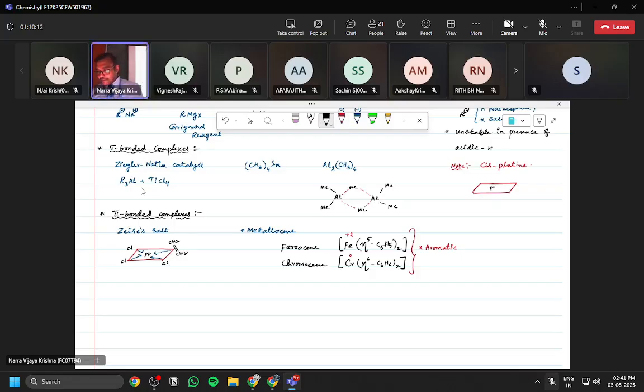I am taking platinum here, chlorine, ammonia. Right? dsp2 hybridized, square planar complex. Anti-cancer drug. Correct? And it can have a geometrical isomer also. Correct?